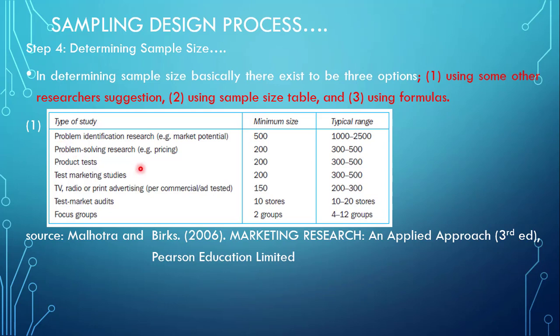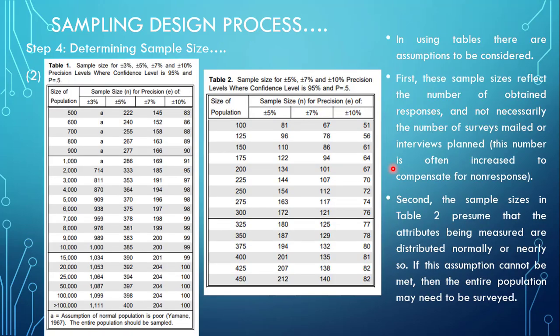If it is problem-solving research, like that of pricing, the minimum size will be 200, and the typical range will be between 300 to 500 respondents. So this is one step. It is simple, it is easier, but there is an assumption in here too. So this is the first technique in selecting sample size.